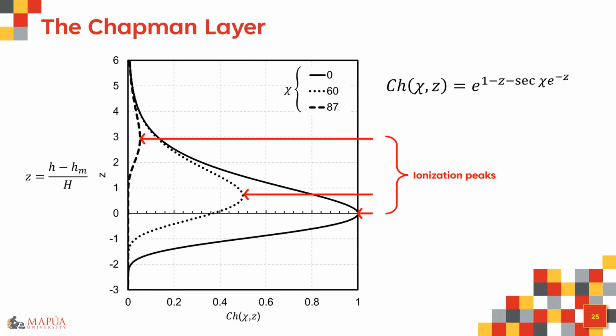As the sun goes lower, near the horizon, meaning you have a higher zenith angle, the amount of peak ionization decreases, and the height where you can find that ionization increases. So that's the basic behavior of a Chapman layer.